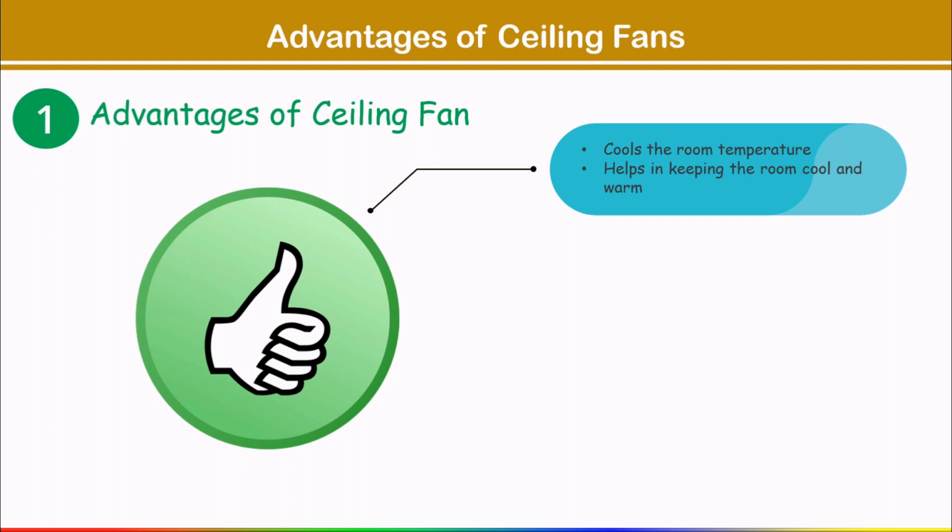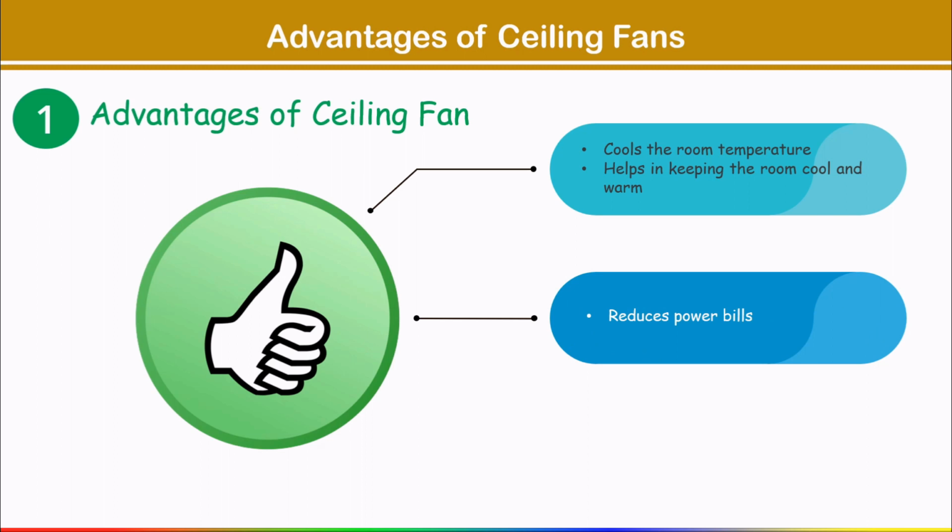Like we already discussed, nowadays there are fans that can rotate in the reverse direction as well. That will pull the air towards the ceiling, so the cool air is pulled up and the warm air is pushed down. So you will be able to stay cool and warm with just one ceiling fan. This is another advantage.